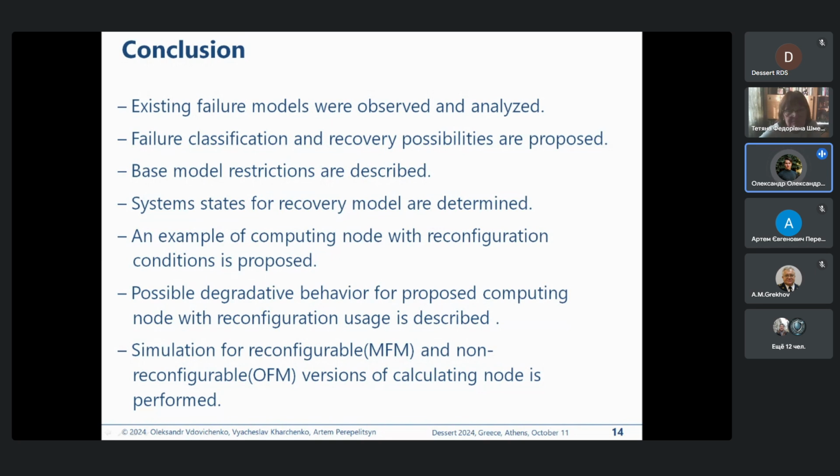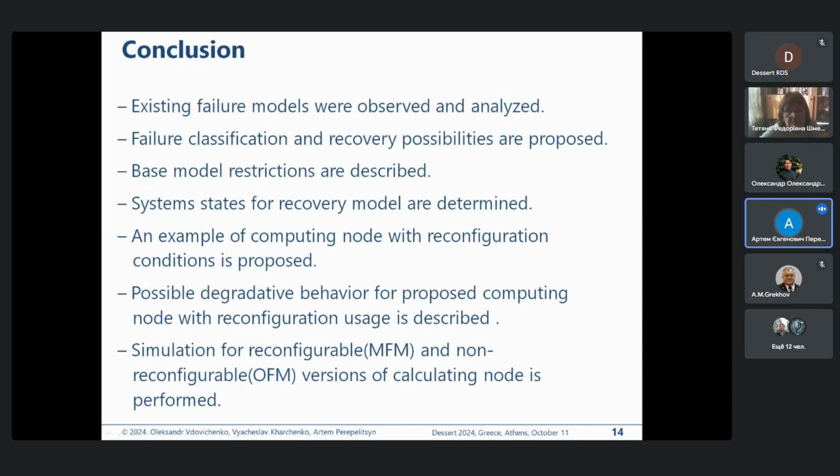If you saw the presentation well, you could see that we used some restrictions for the model, and later we need to deny some of them to be closer to natural, real systems, so that we can apply our methods in hardware representation, I guess.